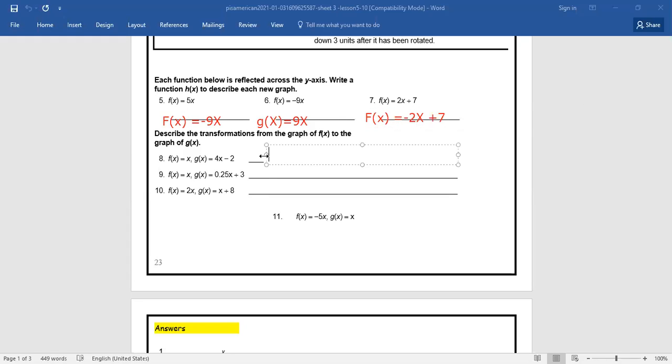Here. Describe the transformation from the graph f of x to the graph g of x. Who will start?